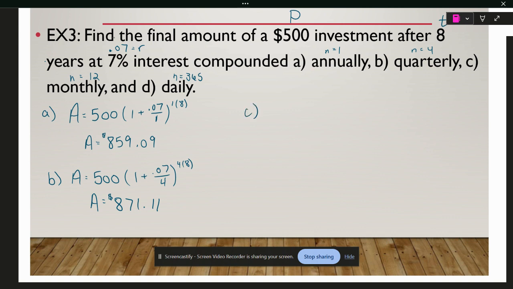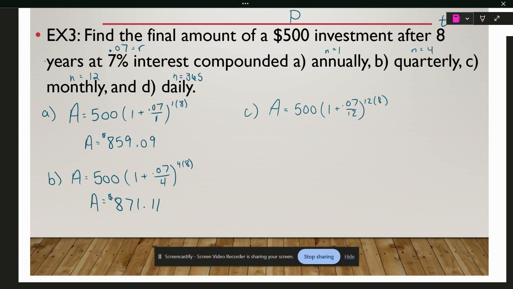Go ahead and move it on to monthly. So A is equal to 500 times 1 plus 0.07 divided by 12, to the 12 times 8.